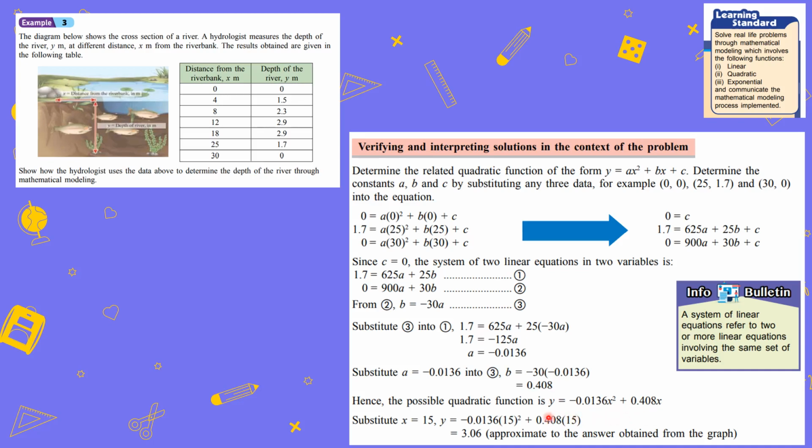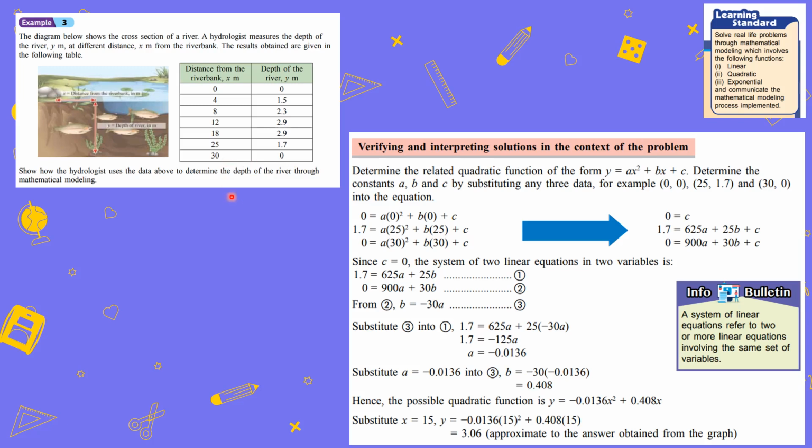Now, we need to substitute x equals 15 in order to get the depth of the river. Why x equals 15? If you can see from the information here, the depth of the river is 0 when the distance is 0, and it's again 0 when the distance from the riverbank is 30.